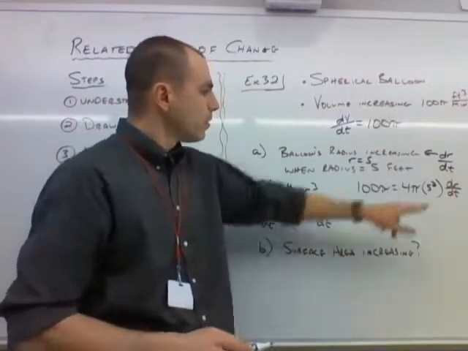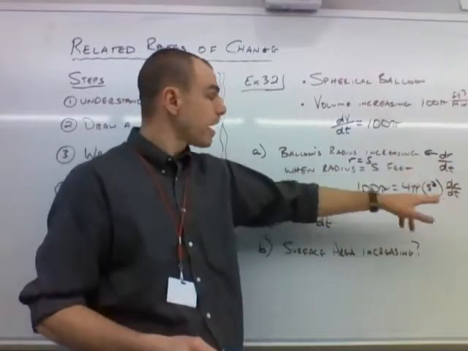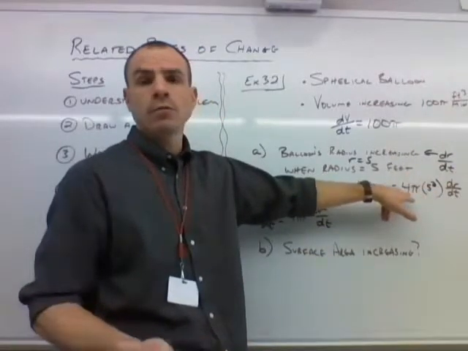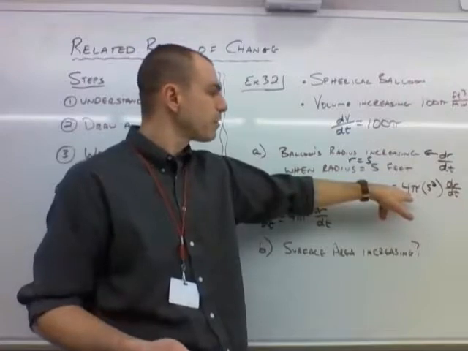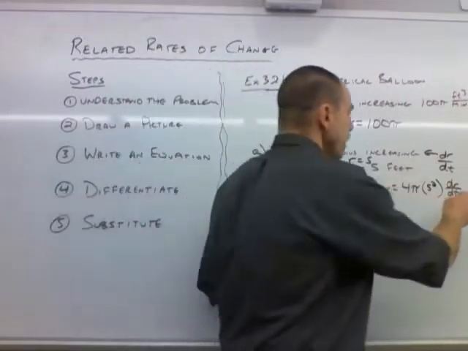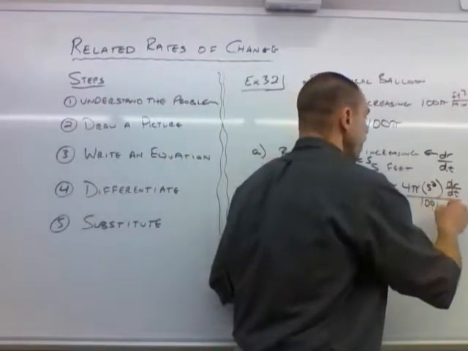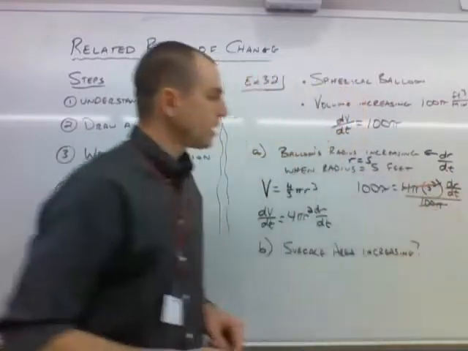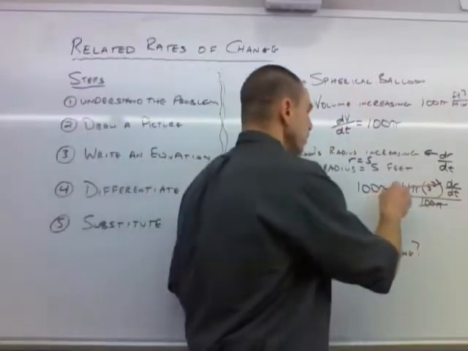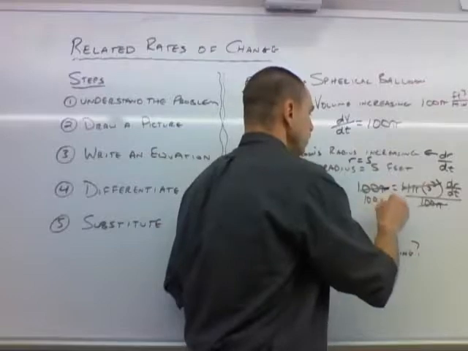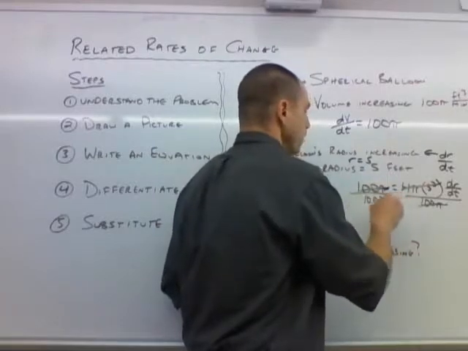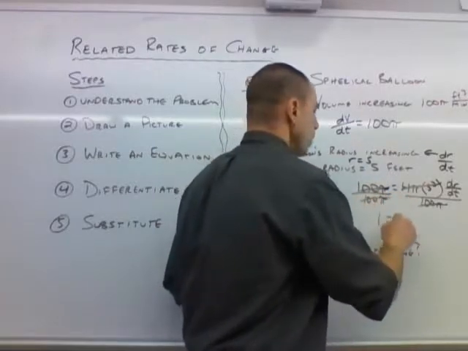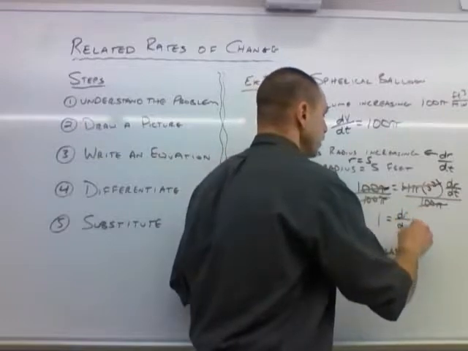Well, what's 5 squared? 25. 25 times 4, 4 quarters make a whole, so we have 100 pi here. So we can divide both sides by 100 pi, and that'll eliminate everything on the left side and almost everything on the right side. So we're left with 1 equal to dr dt.